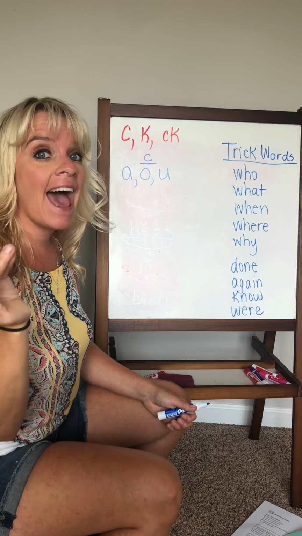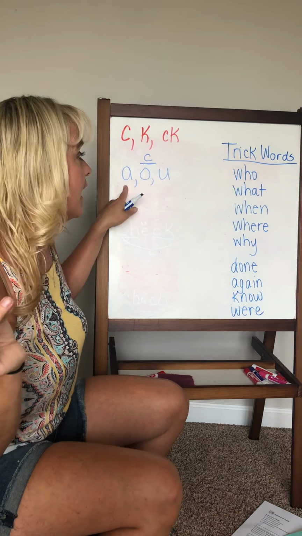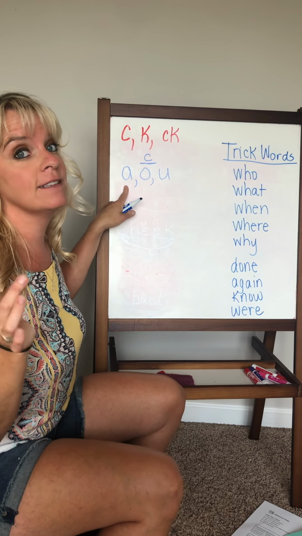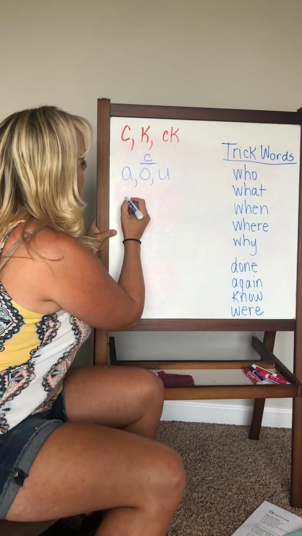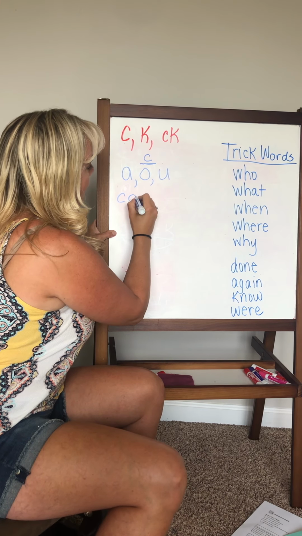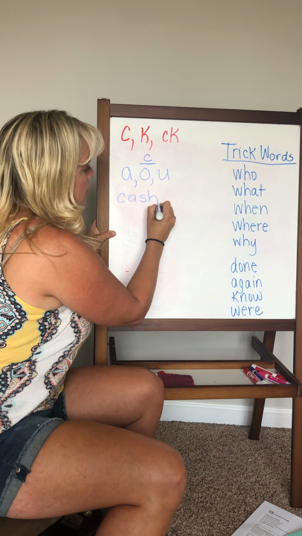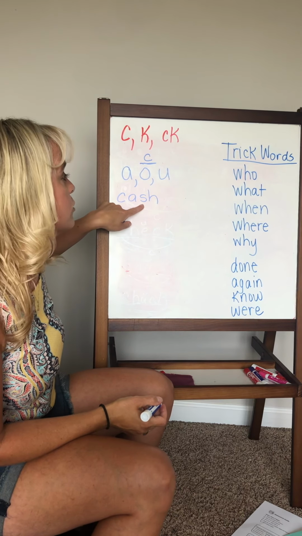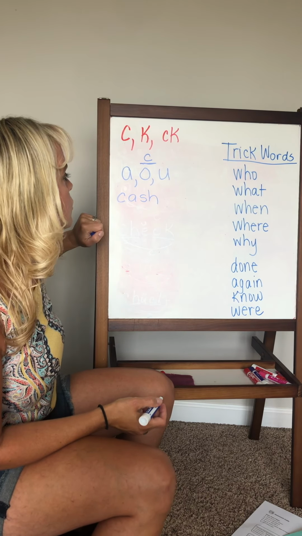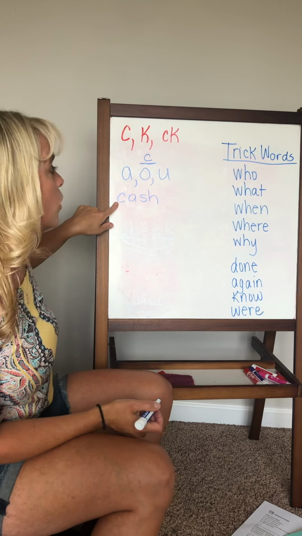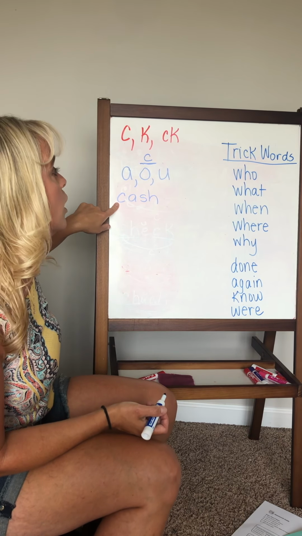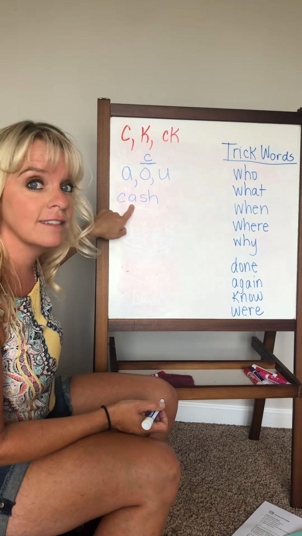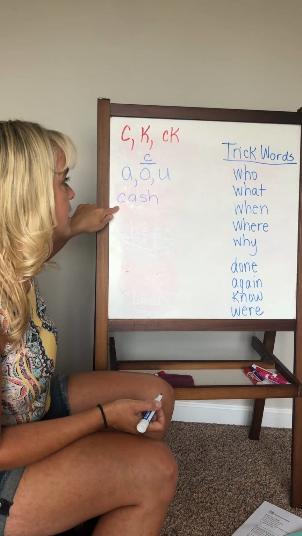We know the a sound is an A. And so the rule I'm teaching you is that means it's going to be a C. So we're going to write c-a-sh. Okay, we know it's a closed syllable because that digraph is going to close the door. All right, so that's one example where if you have the vowel A right after the k sound, you're going to use C.